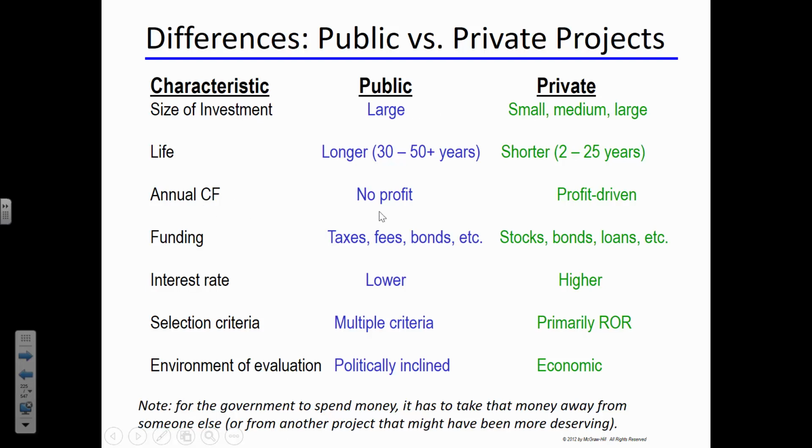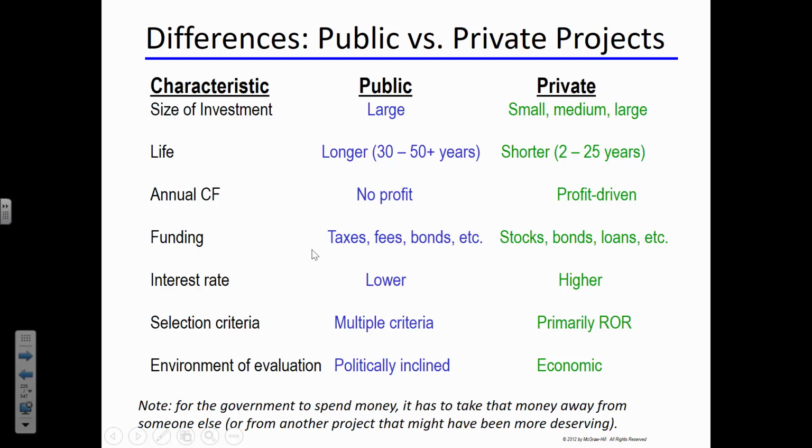Of course, the difference between no profit and profit driven should be self-evident, but where the money comes from is another big difference. Public sector projects can be financed by taxes, whereas private companies don't have the capacity to tax. They can sell ownership interests in their firms through selling stock. They can borrow money, and municipal governments can also borrow money through bonds.